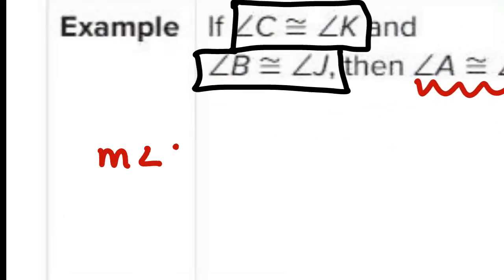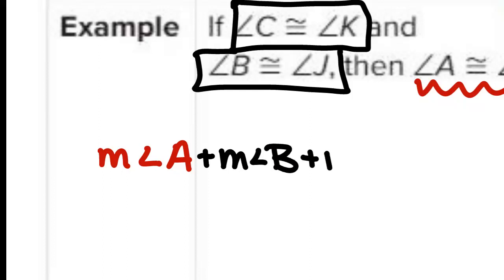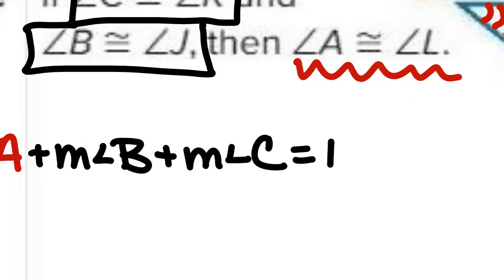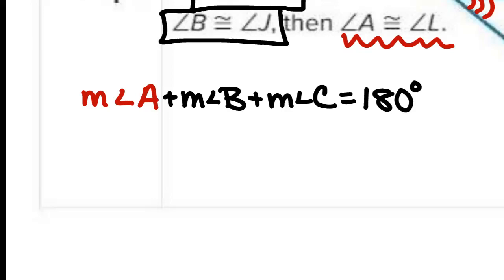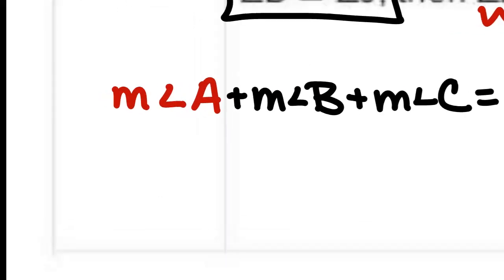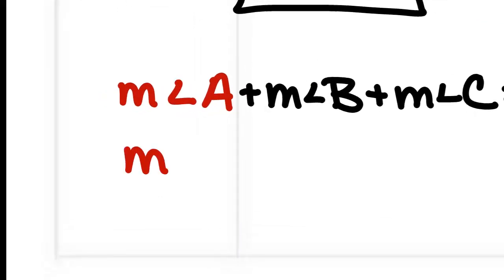Because the measurement of angle A plus the measurement of angle B plus the measurement of angle C, all of those are going to add up to 180. If I look at the other triangle, my triangle sum theorem holds here as well.